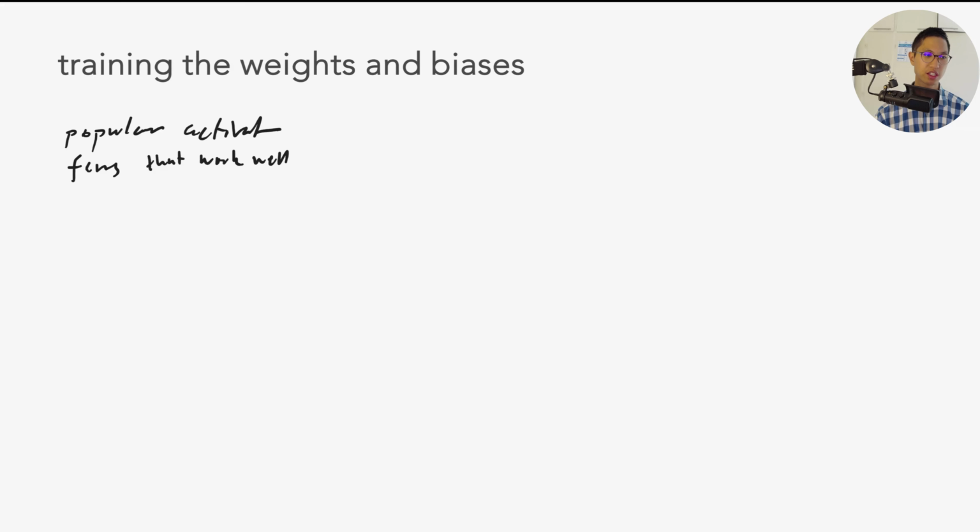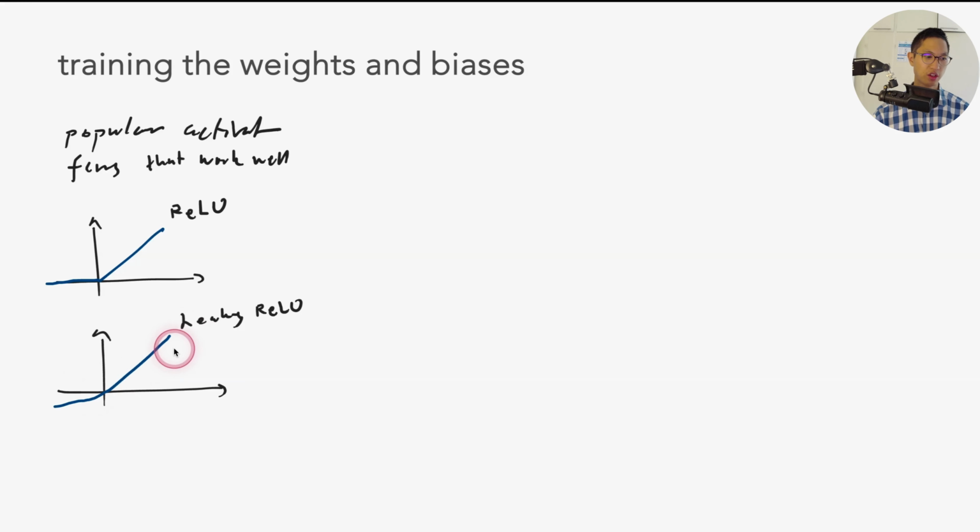Training the weights and biases. You can choose other popular activation functions that work well, such as ReLU, rectified linear unit. Here you have x instead. It's 0 when it's smaller than 0, then you have y equals x as a function. And then you have leaky ReLU, which doesn't become 0 immediately. Instead, you have close to 0, and then y equals x.